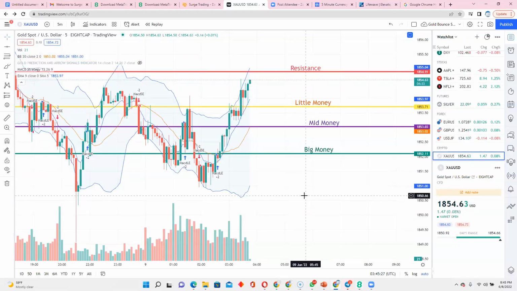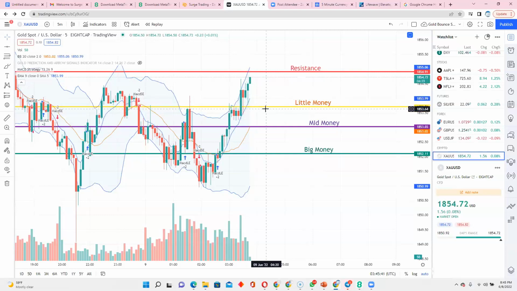And this is what it looks like. Last time you see it hit the exponential, went back up. And it'll probably do that again. If it hits this exponential, this will be the little money.